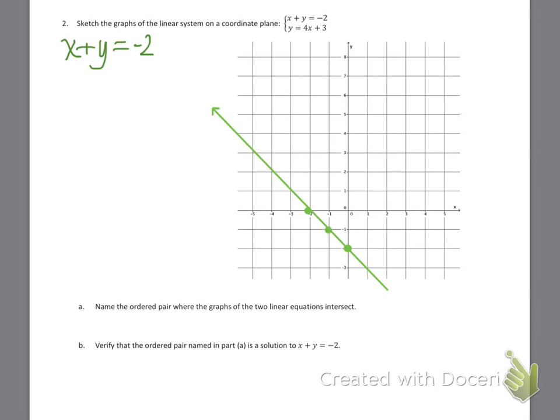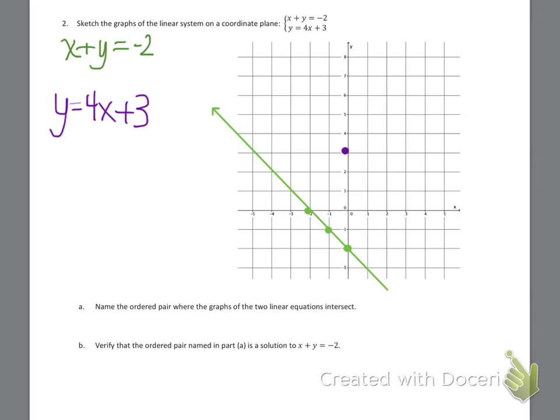Now the second equation, let's just change our color again. Second equation is y equals 4x plus 3. So think about what method we would want to use to graph this equation. Okay, so if you notice, we can just read the y-intercept right off that equation. The y-intercept is 3, right there. b equals 3. And the slope is 4.